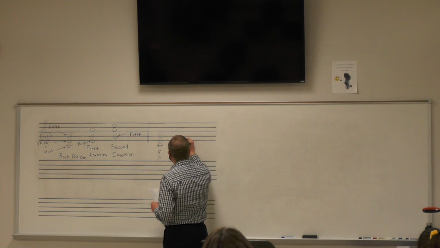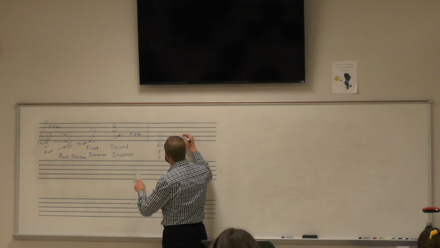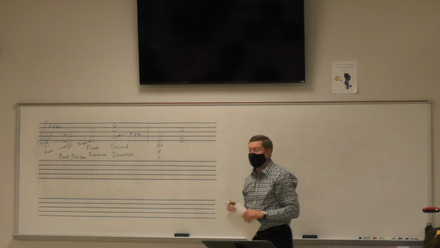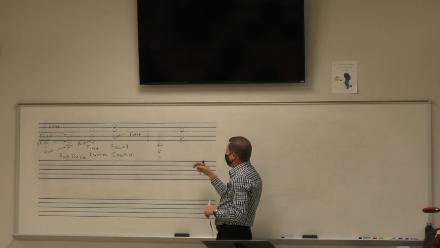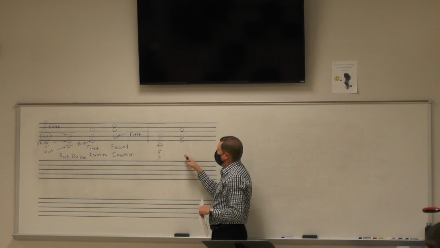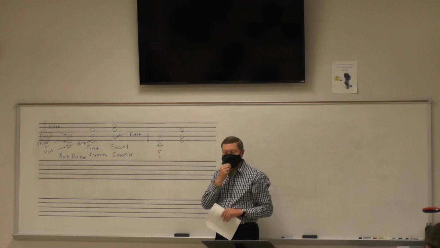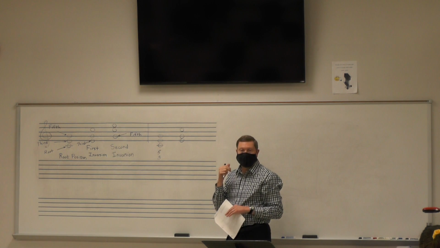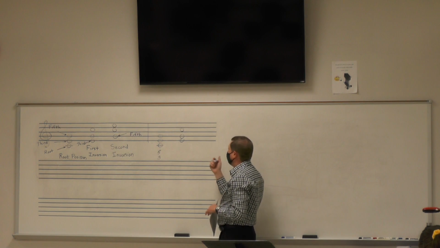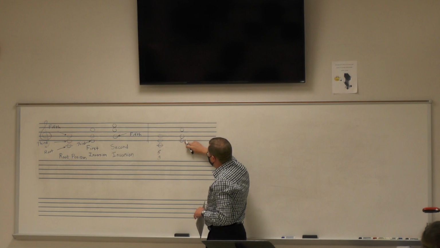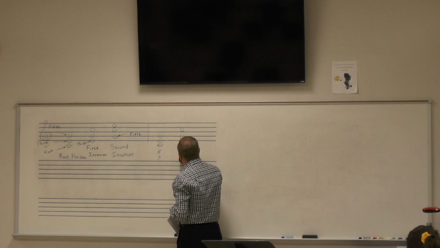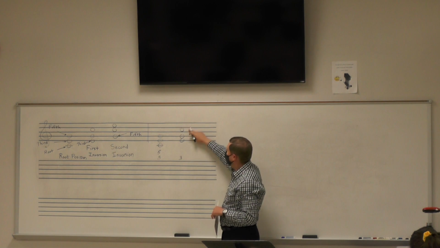Now, when I write a triad in first inversion, as I have over there, we can indicate first inversion with a set of numbers. And the numbers just tell me how far above the lowest tone the rest of the chord tones are. How far above this lowest tone E is the G? A third, right? But how far above the lowest tone E is the C?